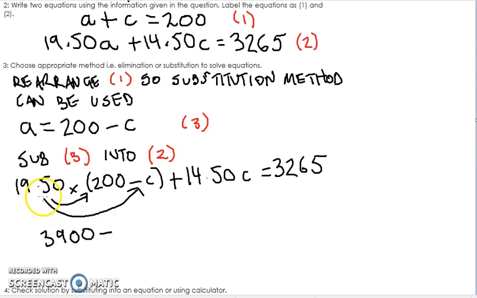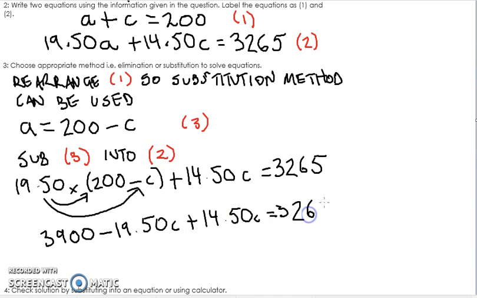And $19.50 times minus C is just minus 19.50 times C. Make sure you consider the minus. Then we plus $14.50 C, and that's equal to 3,265.